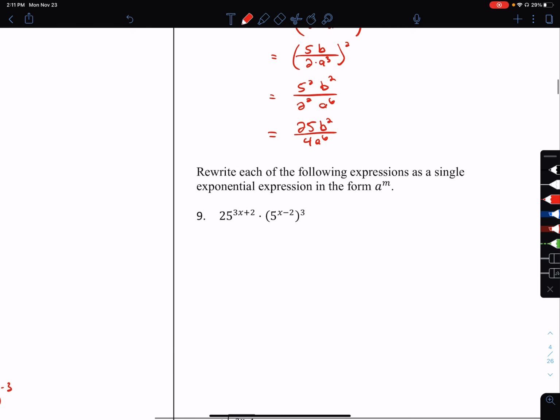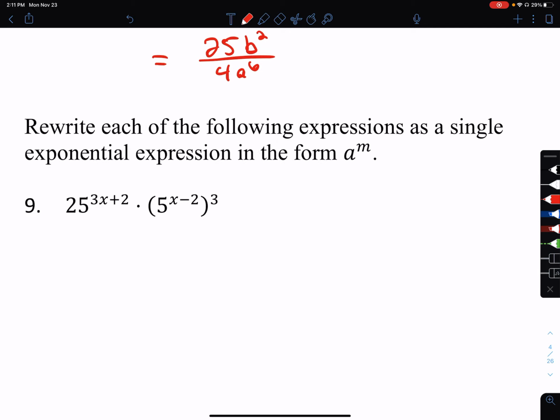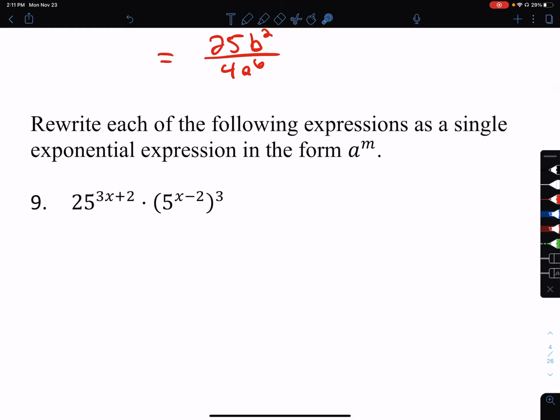So 2 more in this video, slightly different directions. Rewrite each of the following expressions as a single exponential expression in the form of a to the m. So we need to have the same base is what this is saying. And if you look here, 25 and 5, they're not the same base. We could rewrite this so that it's 5 squared to the 3x plus 2.